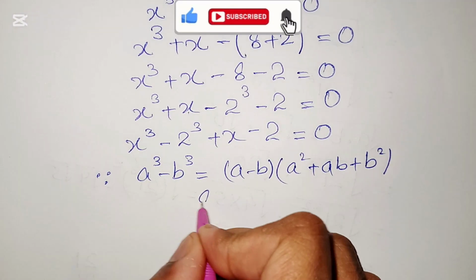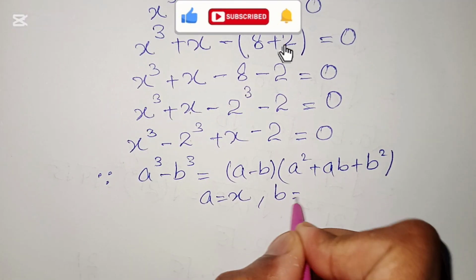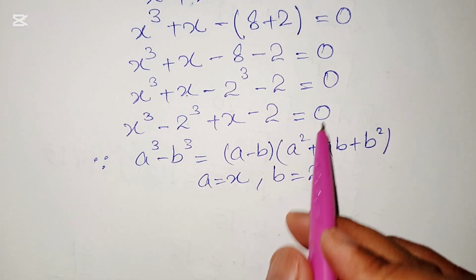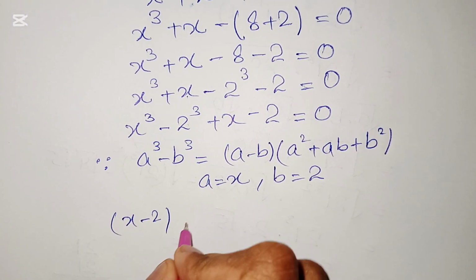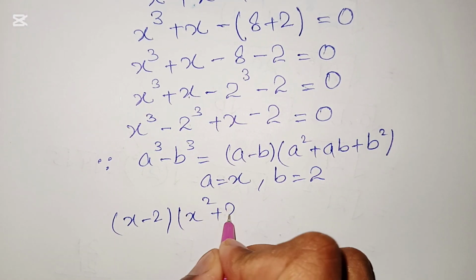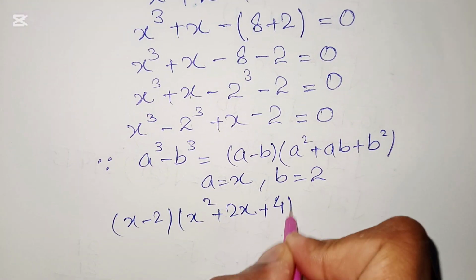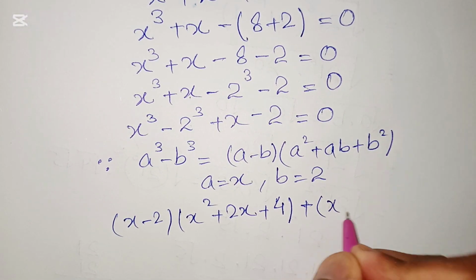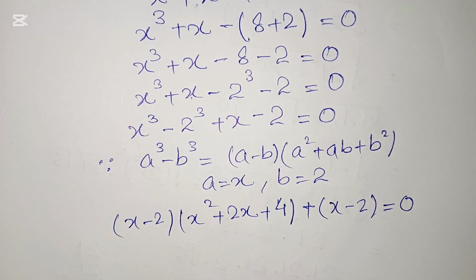In our case, a is equal to x and b is equal to 2. So we will write this equation as x minus 2 times x square plus 2x plus 2 square, which is 4, plus x minus 2 is equal to 0.